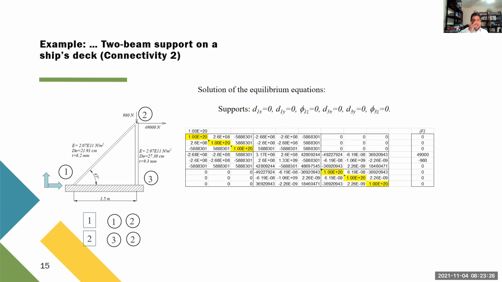Okay, now the procedure is the same as before. First, we have to solve for the unknown displacements. This is a large value. On the right-hand side, we multiply that large value times the values of the displacement that we know. We solve it, and we get the same.